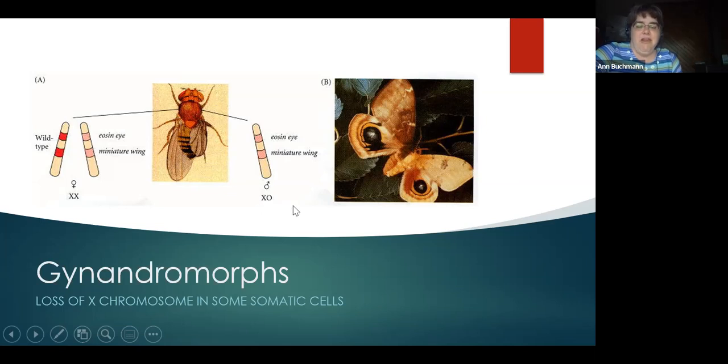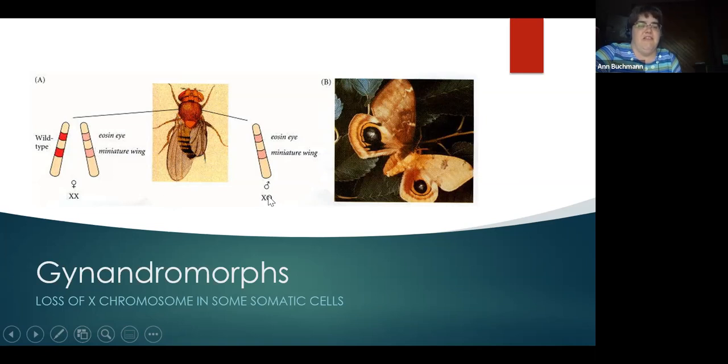Those cells have male characteristics, and because they only have one X chromosome, they display whatever genes are on that X chromosome. So the fly on the left here has 2 X chromosomes on the left side and only one on the right side. On one of those X chromosomes, it has dominant wild-type genes, wild-type meaning normal genes, and it displays normal characteristics. The other X chromosome has some mutations, so eosin is a different colored eye, and miniature wing is a smaller wing.